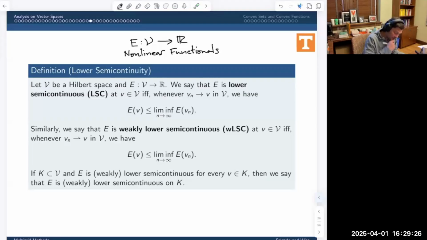Well, let's just use the case of a Banach space. I'll give you an example of a nonlinear functional.